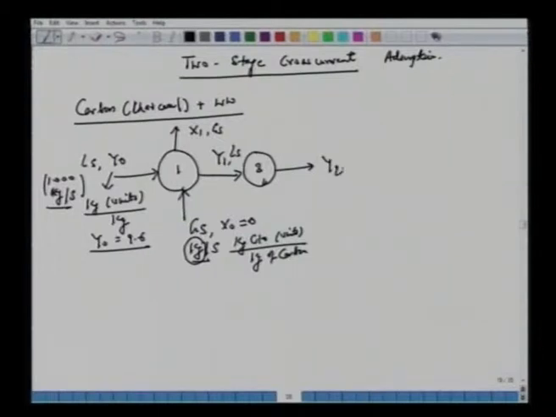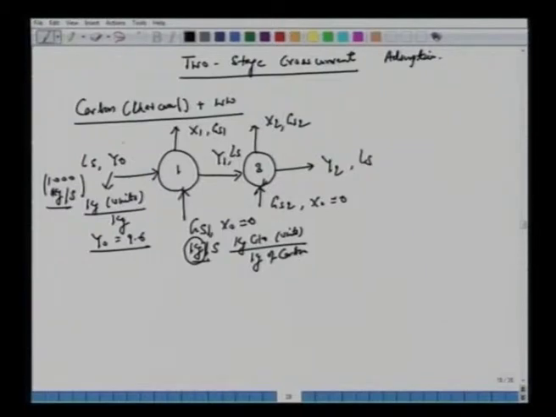So we are working on a solid free basis, and now we bring it in contact again with some different GS. Maybe you could put GS2, we have GS1 here, this is also fresh carbon, and after this we have this X2. This is GS1, and we have this GS2. Amount of solvent is Ls.